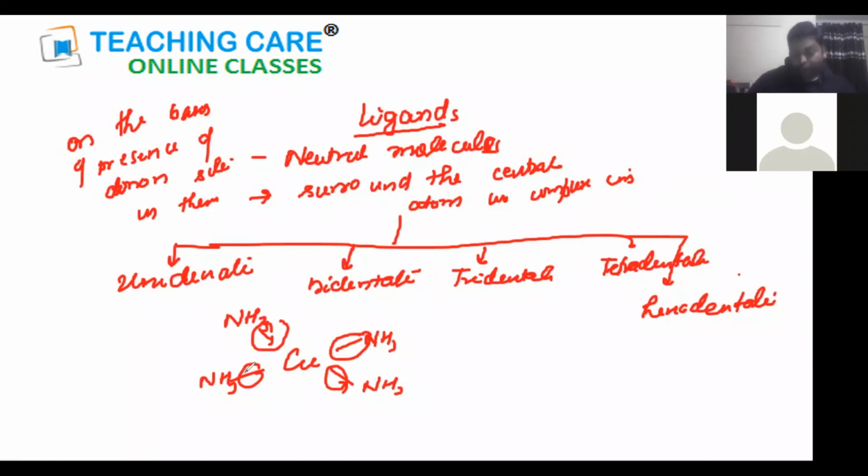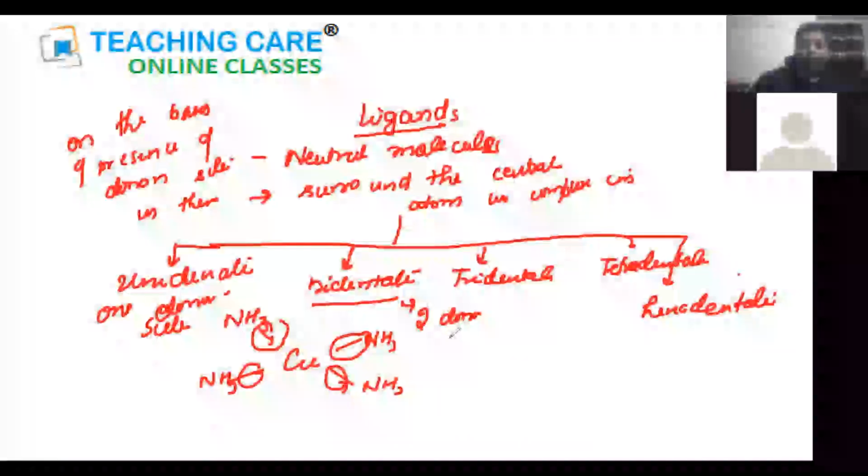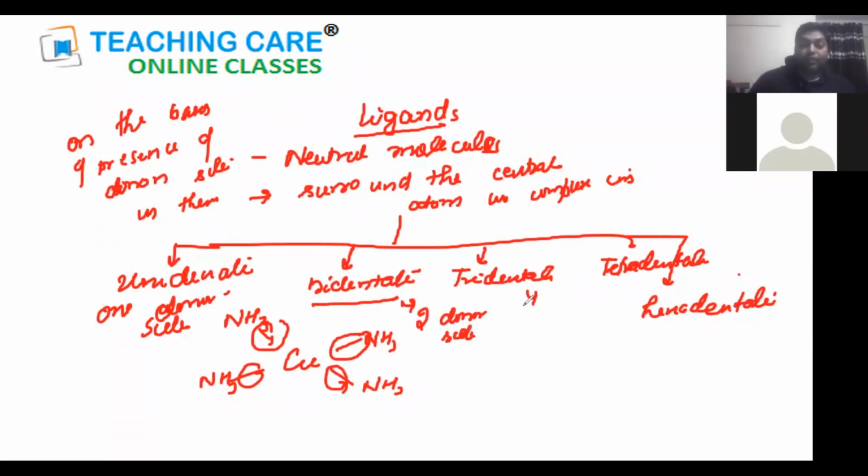Yes, sir. If the donor site is 2, then it is known as bidentate. So unidentate has one donor site, bidentate has 2 donor sites, tridentate has 3 donor sites, tetradentate has 4 donor sites, and hexadentate has 6 donor sites.